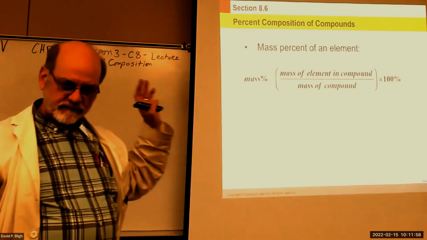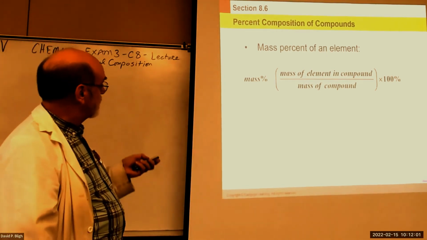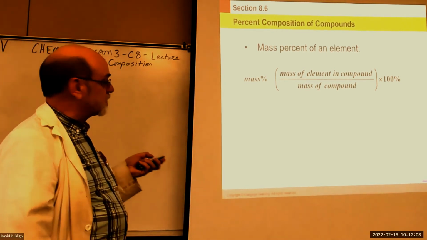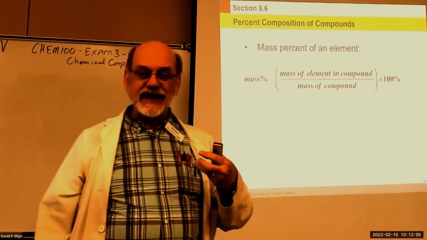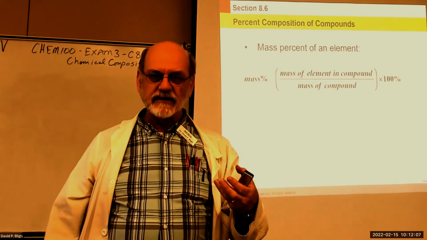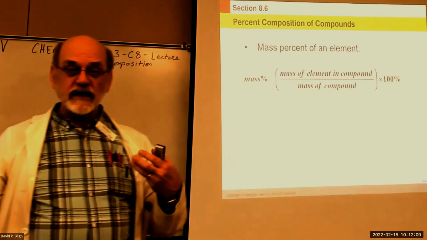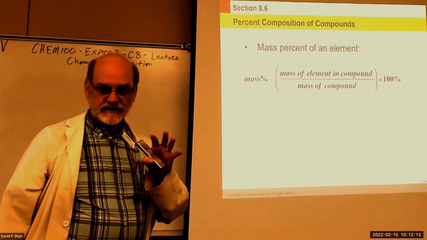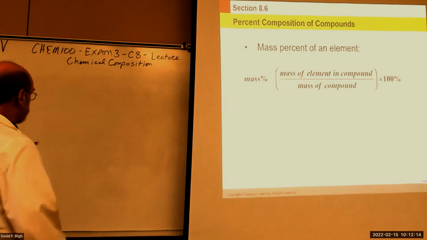So let's follow the slides along and say, if you want to know the mass percent of an element in a compound, what you need to know is how they are related. How is each element related?